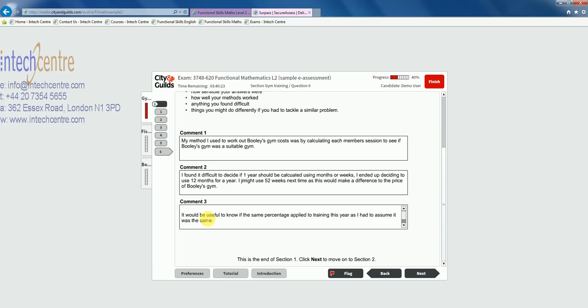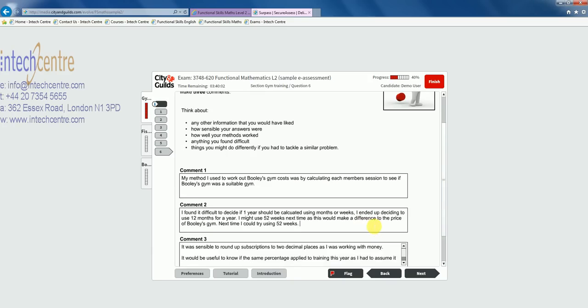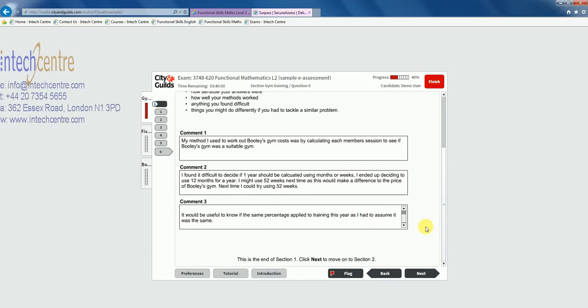So next time I could also write, next time I could try using 52 weeks. So as long as it's on those lines, as it's a review comment, there's no calculations that you need to show in here. So again, an easy 3 marks. So try to answer these types of questions if you can.